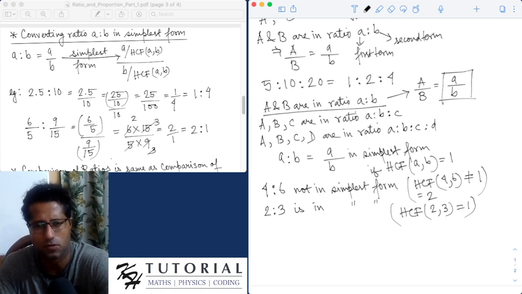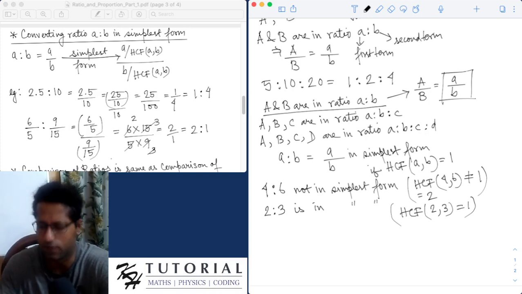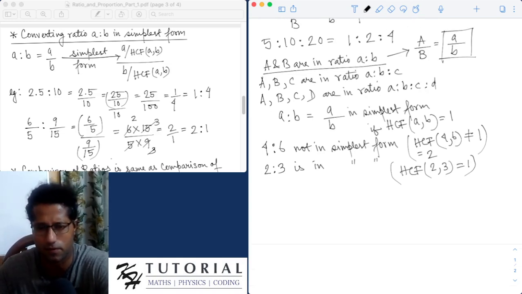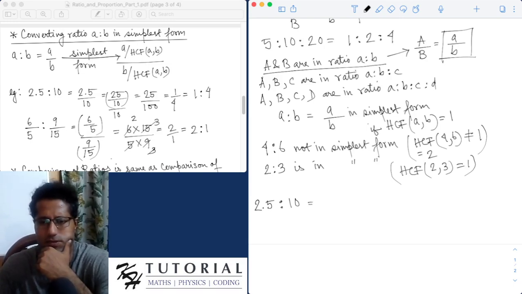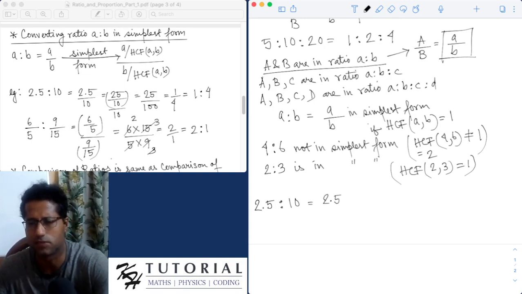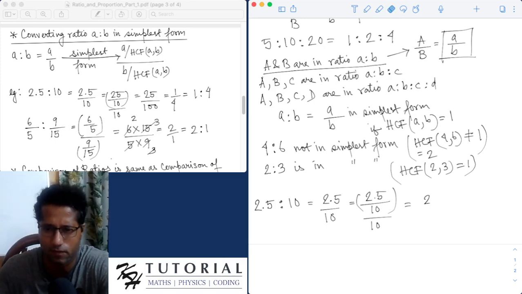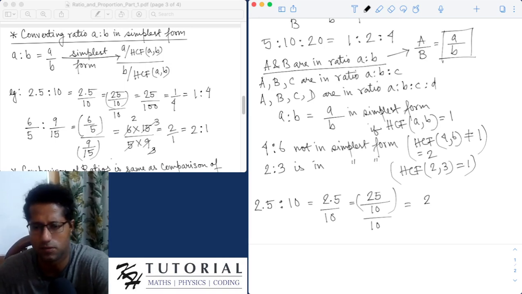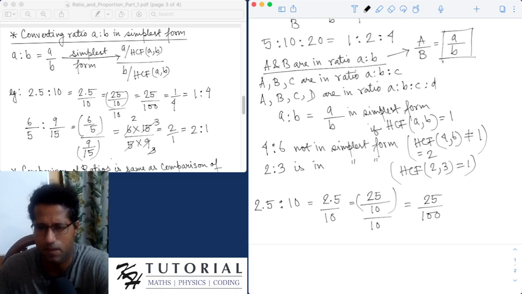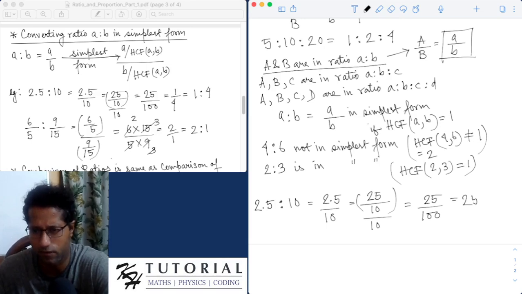Now, if we multiply the numerator and the denominator by 10, 2.5 becomes 25 and 10 becomes 100. So after simplification we get 25 by 100, and we can say that the ratio is 25 is to 100.